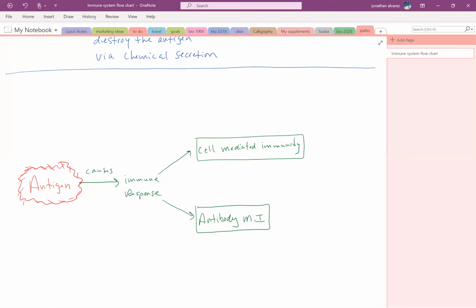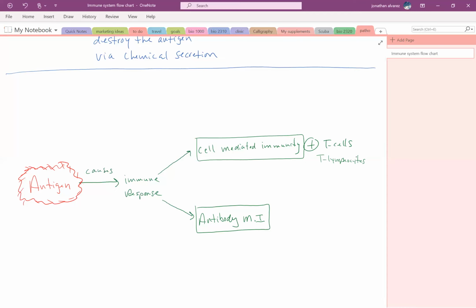In cell-mediated, this is activation of the T cells. T cells are also known as T lymphocytes.